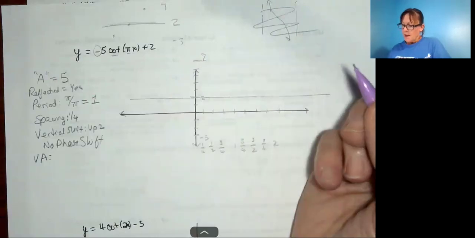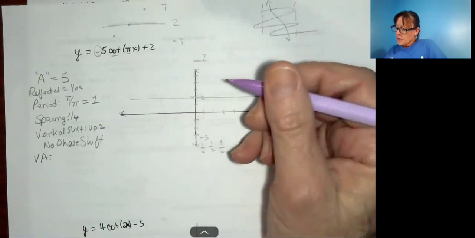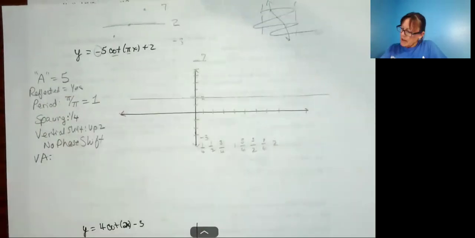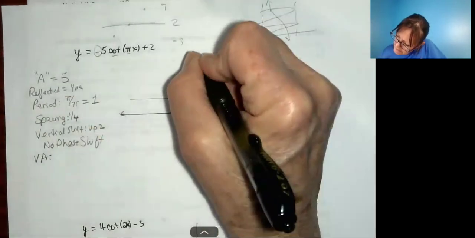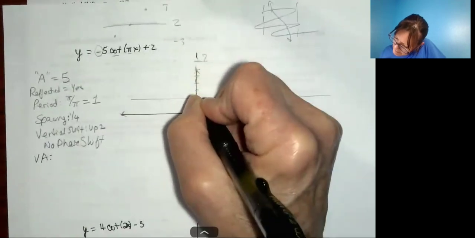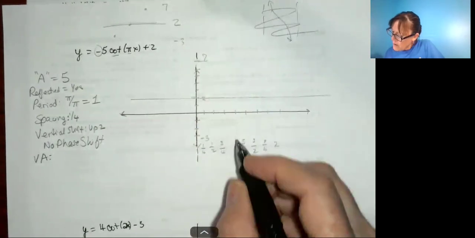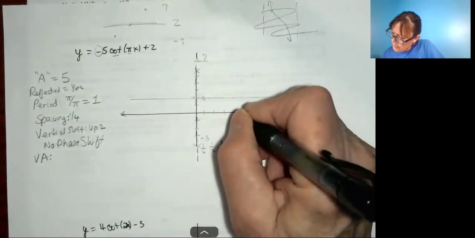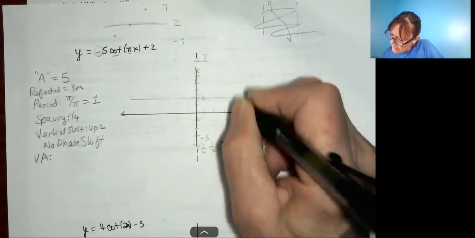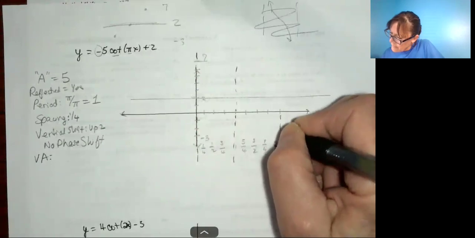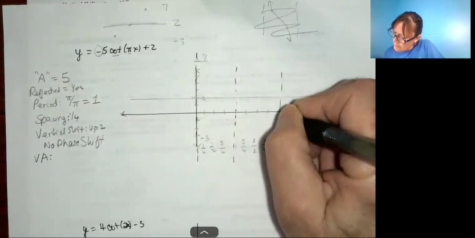Okay. It was no horizontal shift. So that means the vertical asymptote is at 0. Okay. And then we'll go low, middle, high, and then at 1, it's going to be another asymptote. Low, middle, high, another asymptote.